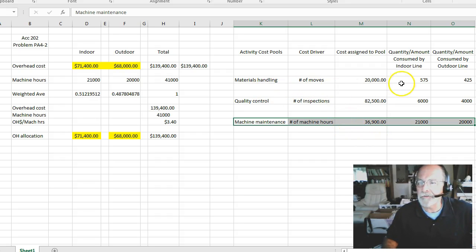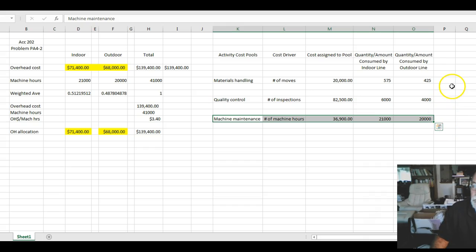And so for materials handling, and maybe let's see, I had to adjust the size of the screen here. I'm just getting used to this tool. I used it in version 1, and I just downloaded it a couple nights ago in version 2. It's a little bit different from the previous version, so I need to get used to it.